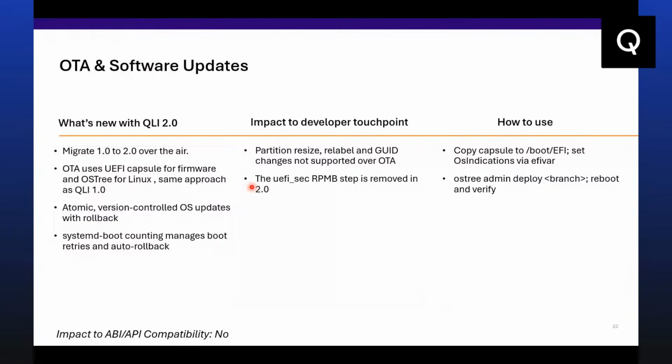And this is taken care of by the upgrade when you move from 1.0 to 2.0. And how to use it is very straightforward. The capsule should be staged or copied at boot/EFI, and the OS indications variable is set in the EFI var, and then eventually the ostree admin deploy command should be run, and you reboot and you get to the newer 2.0 software.